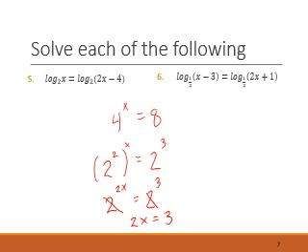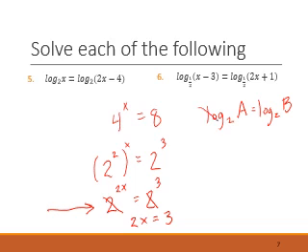We're just going to draw a parallel and say, well, imagine you had log base 2 of A and you had log base 2 of B. Well, if those are both log base 2, kind of like these were both exponents with a base of 2, can't you just cross these out and say A has to equal B? And that's really what we mean by the one-to-one property.